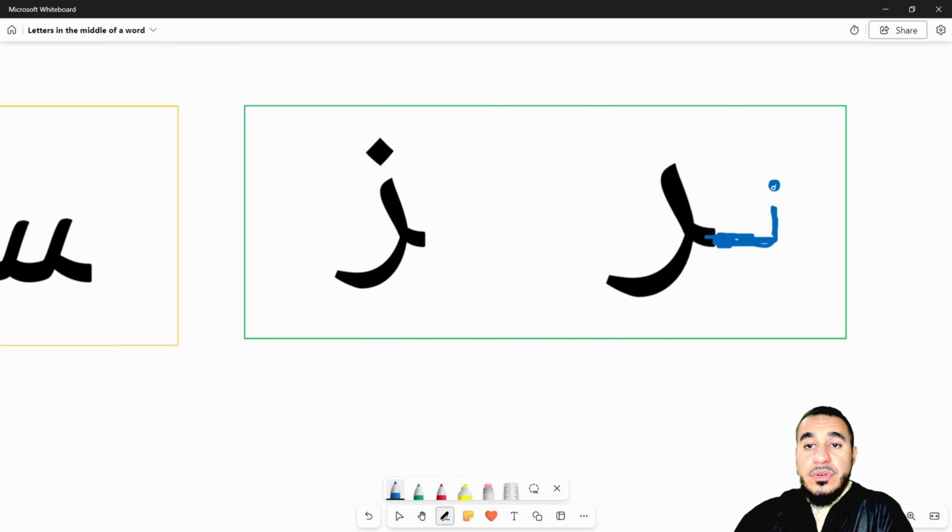Like the letter noon, it will physically attach to it. And the same for the letter zay. If, for example, we had a meem come before it, then the meem will physically attach to it because it's before the zay. But as for the letter that comes after it, then it will not physically attach to it, okay? Jameel.